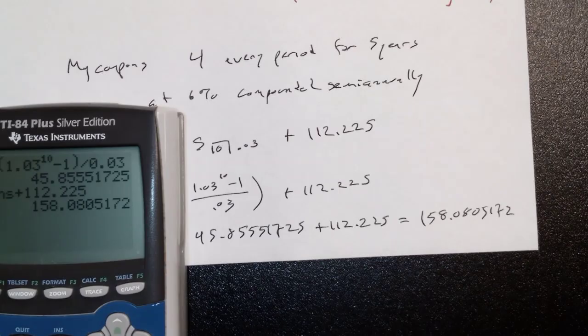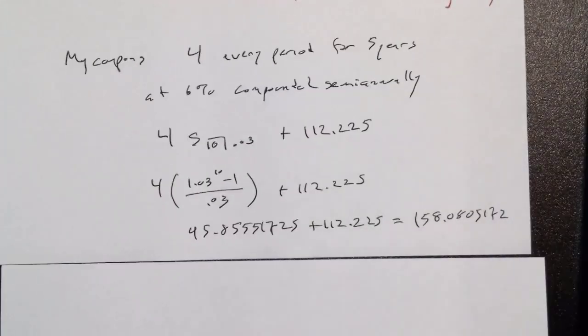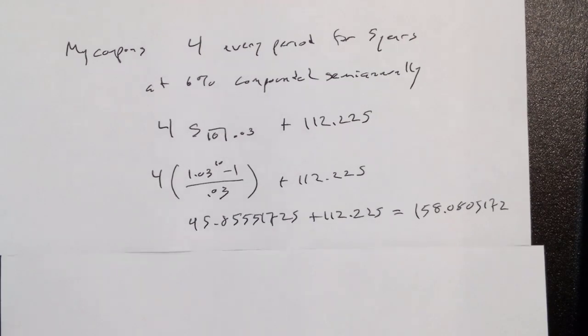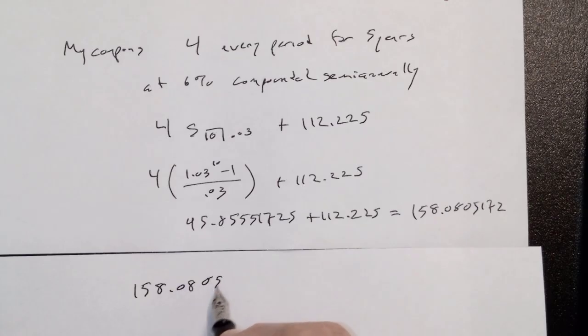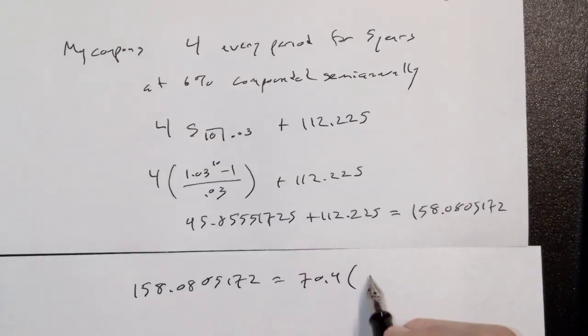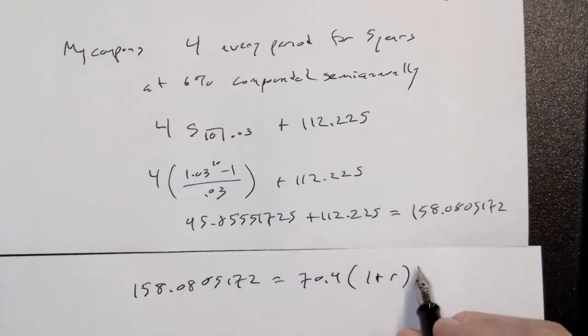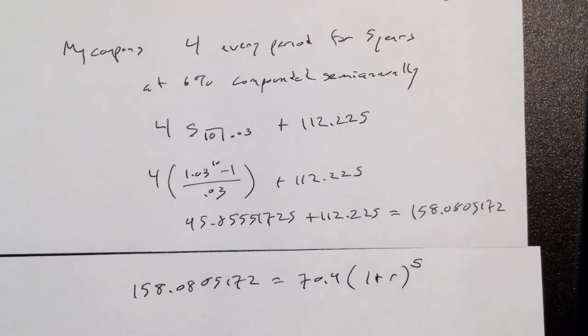I could now ask, what's my yield on this? What's my annual yield on this? I could do this like it was regular compound interest. And I could say, what did I actually make over the entire 5-year period? I have a future value of this and a present value of 70.4, 1 plus R to the 5th, because it was 5 years.